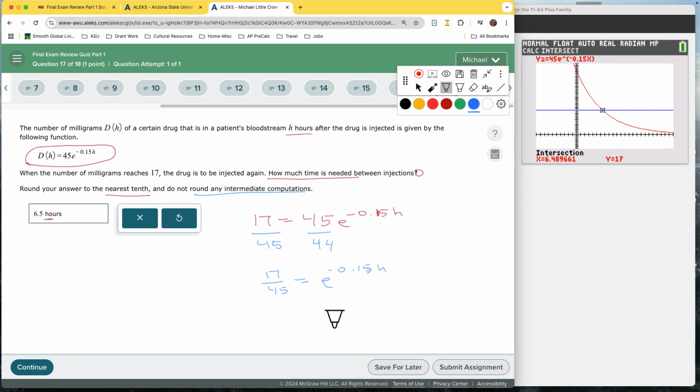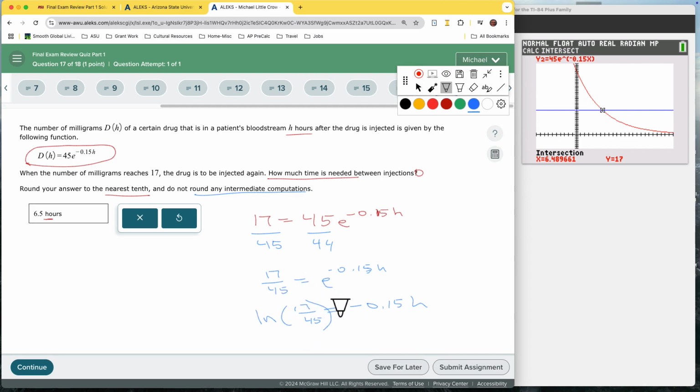What we're going to want to do is change this to a logarithm. By doing that, so the log dance, we've got a base to an exponent equals this. E is the natural log, which is ln, or log base E. The exponent is now going to become the answer, and the input is this 17/45 over here.